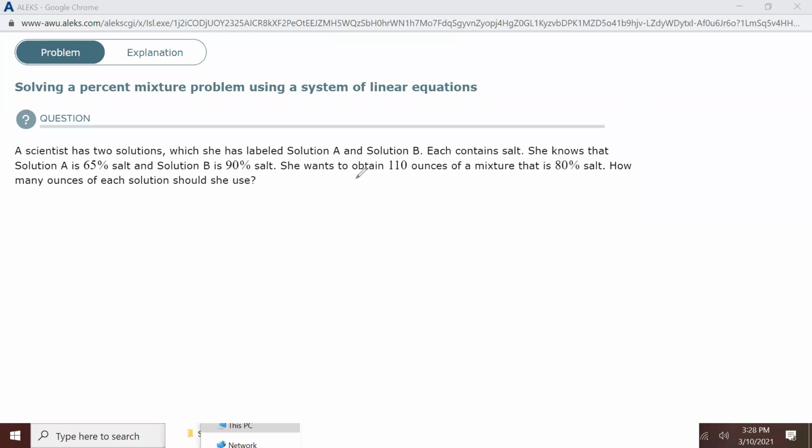On this problem, we are asked how many ounces of each solution should she use? So that lets us know what our variable should be.